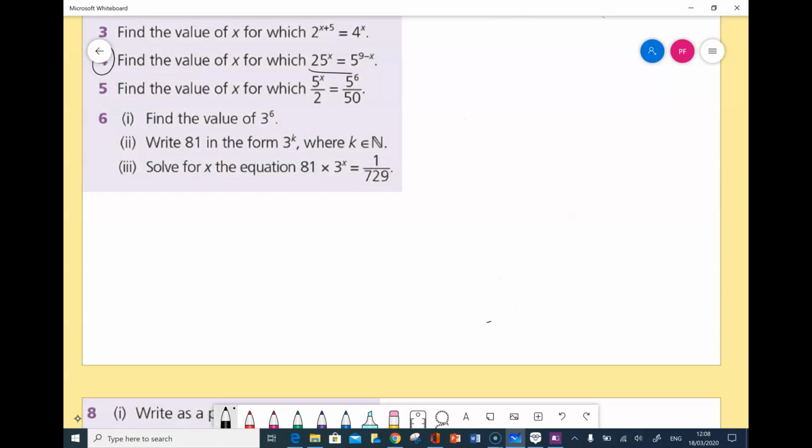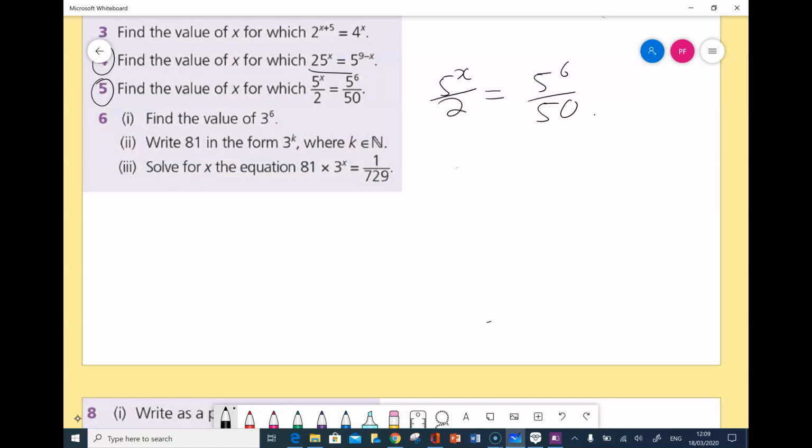Right, question 5. So 5 to the power of x over 2 equals 5 to the power of 6 over 50. So what are we going to do here? Well, it's hard to express it. There's nothing I can express 2 as, or 50 as, to make them the same as 5.